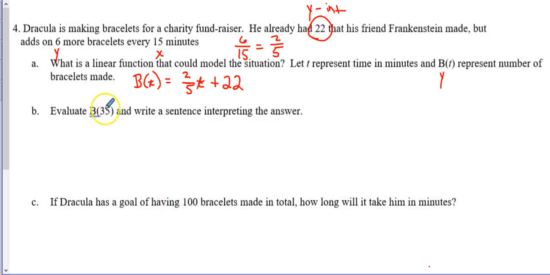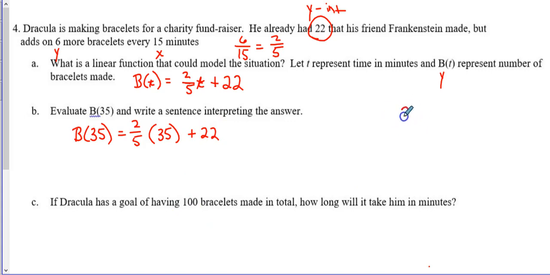If I'm asked to evaluate B of 35, you see how they filled in a 35 instead of the t, which means I fill in a 35 right here for the t. So that is going to be 2/5 times 35 plus 22. Let's talk about 2/5 times 35.